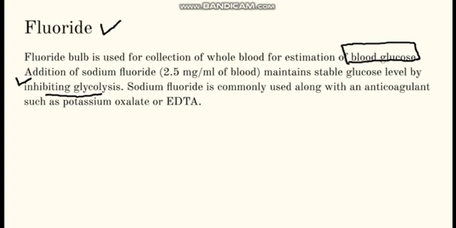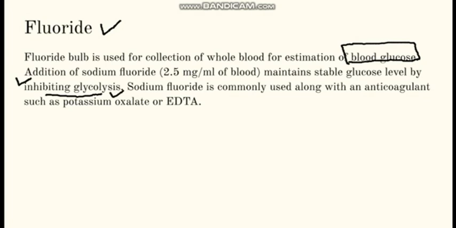The direct thrombin inhibitors are hirudin and bivalirudin. These are the bivalent direct thrombin inhibitors, DTIs.